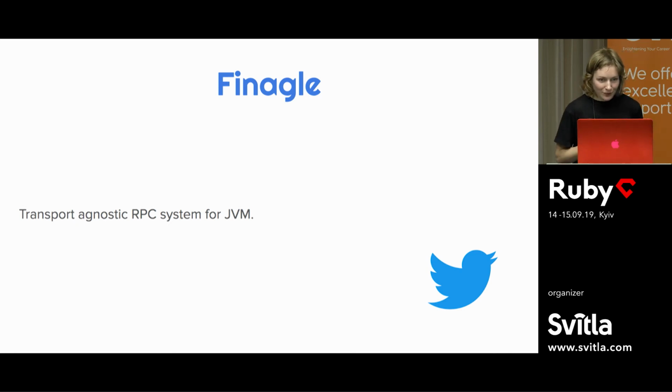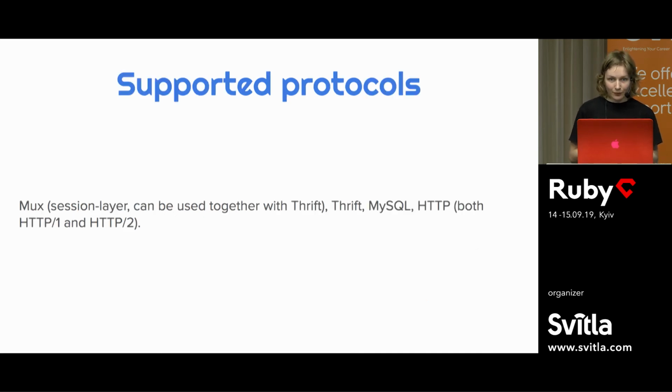So, Finagle. This is a transport-agnostic RPC system for the JVM. It supports Mux, Thrift, MySQL. It means that you can implement a client, for example, directly within your MySQL database and send some messages directly to your database. And HTTP.